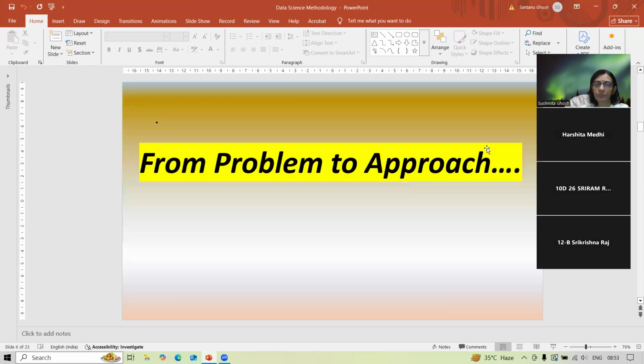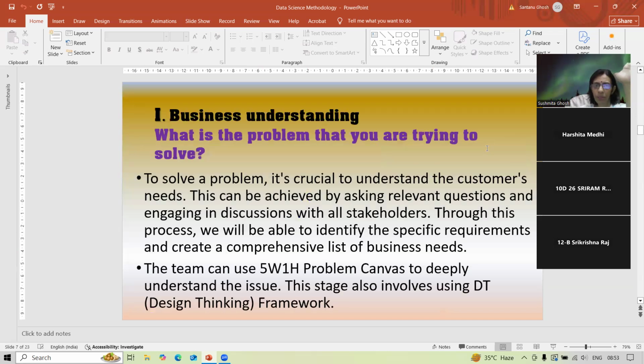ओके. नाउ द फर्स्ट मॉडल, प्रॉब्लम टू अप्रोच. ओके. फर्स्ट थिंग ऑफ कोर्स फॉर एनी solution is understanding the problem.